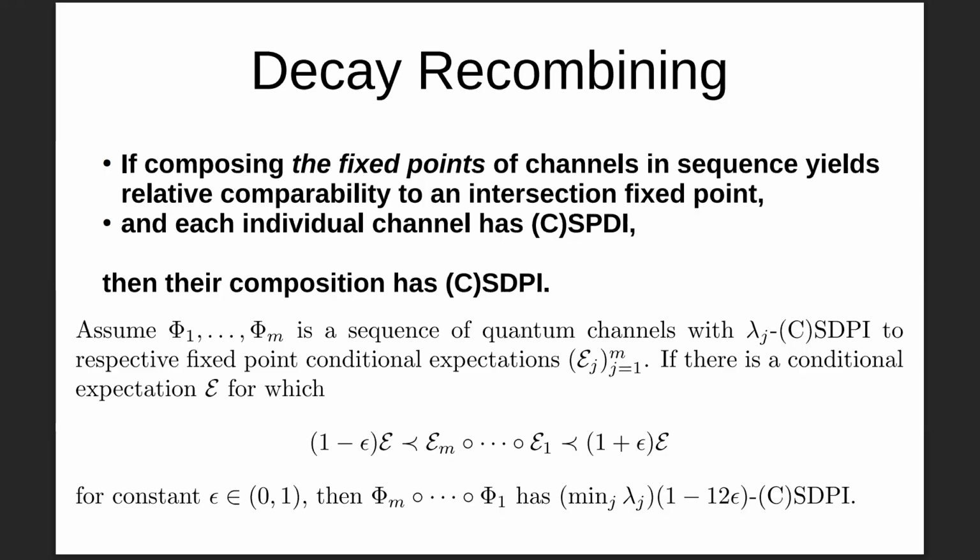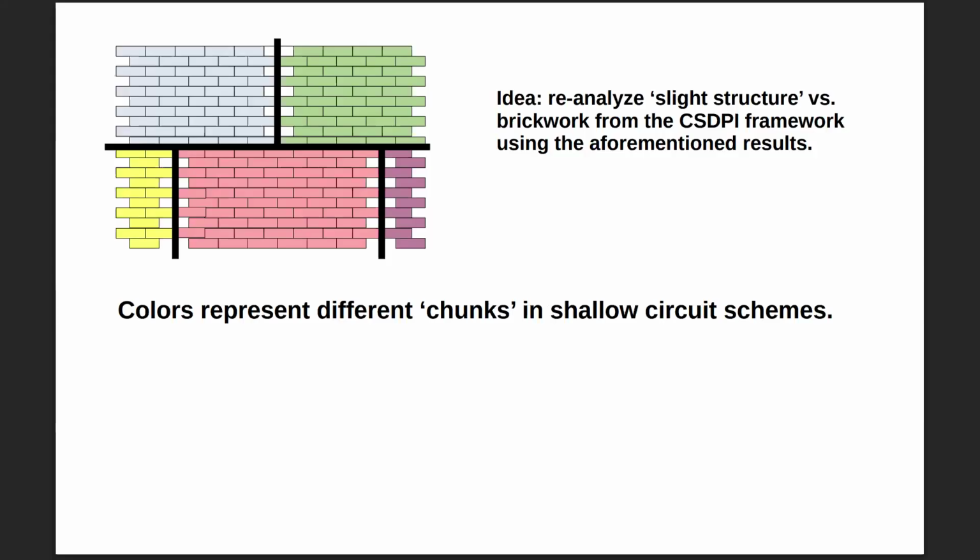And there's actually a bunch of variants of this. But what do we do with this? Well, I want to reanalyze this slightly structured ensemble that almost looks like brickwork using these relative entropy bounds. Here I'm going to color the different chunks.